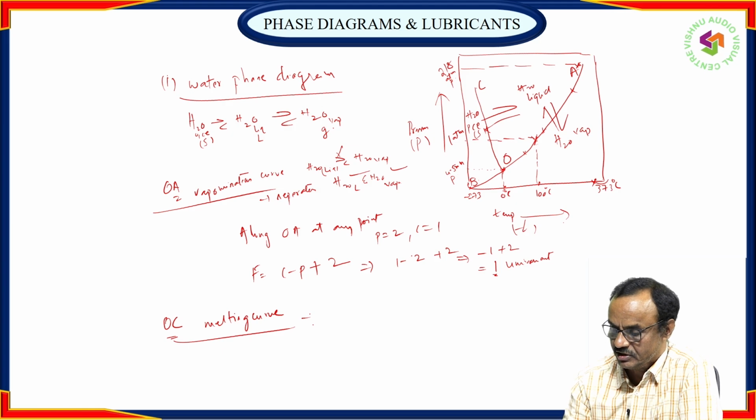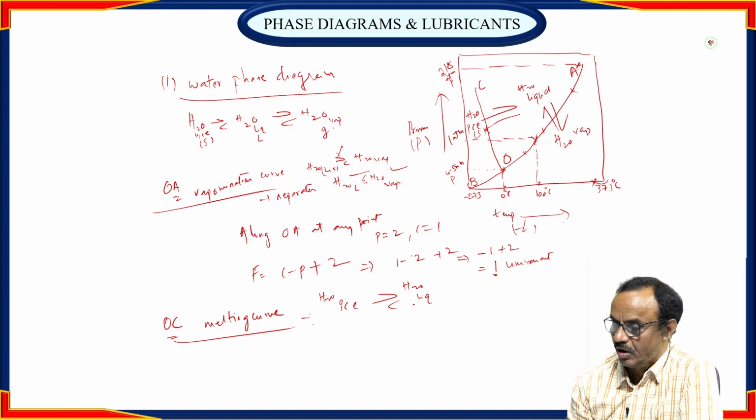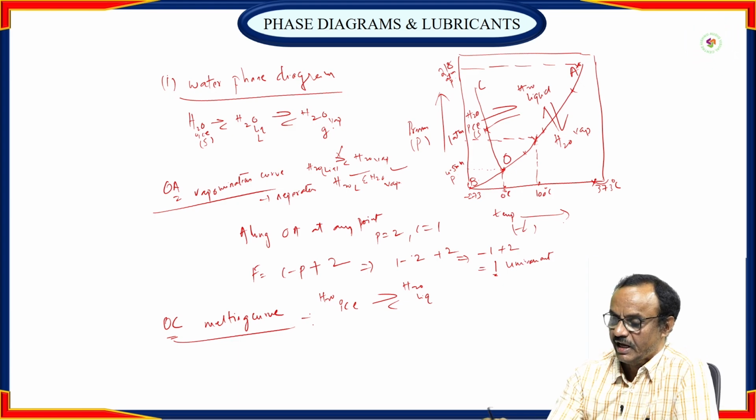This separates both ice and H2O liquid. This separates two, right? Both are in dynamic equilibrium. Along OC at any point, both are in dynamic equilibrium.